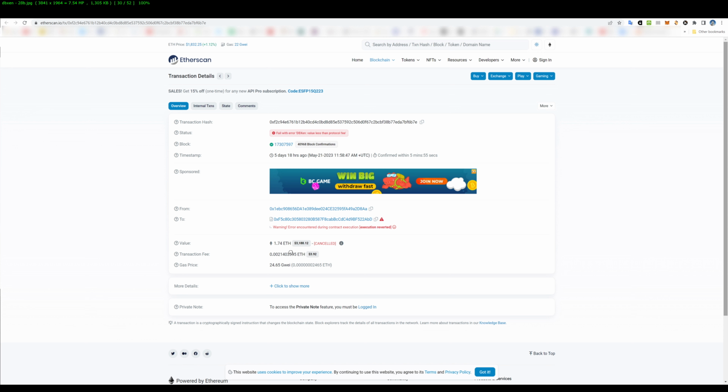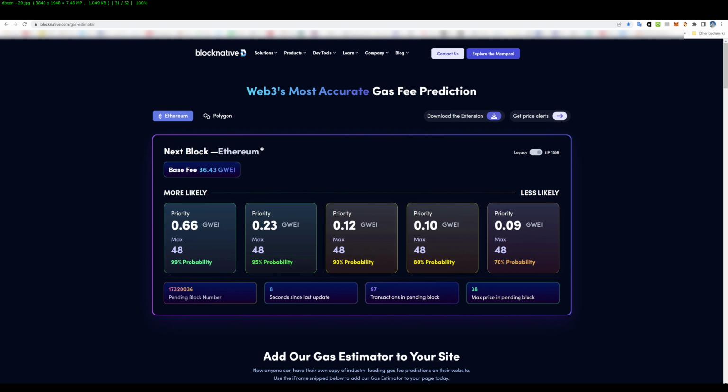I was off by 0.02 ETH, and the transaction failed, so I was charged $3.992 for the transaction and had to do the write contract again.